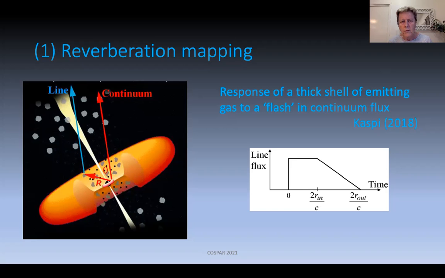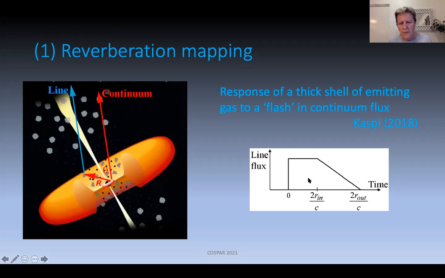And so this diagram here shows that time delay, shown by this orange arrow here, and the cartoon here shows how the line flux might respond if the emitting clouds were in a thick shell at some fixed radius.